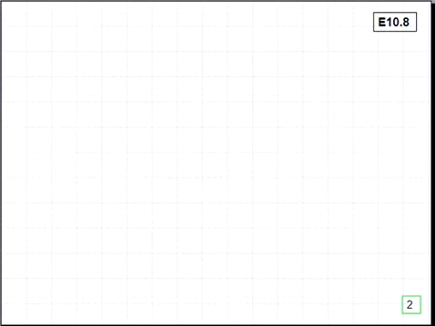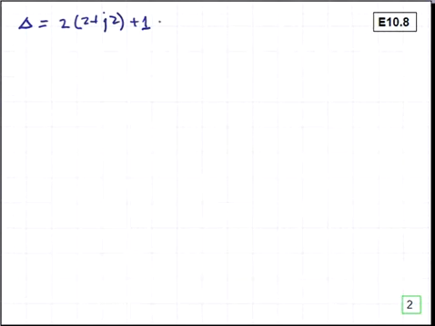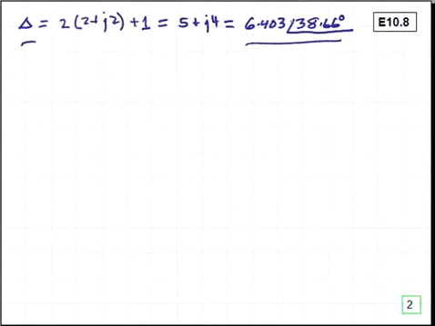Now we'll use Cramer's method to solve for the two phasor currents I1 and I2. The determinant delta of the impedance matrix is equal to 2 times the quantity 2 plus j2 plus 1, which is equal to 5 plus j4, and in polar form that is equal to 6.403 at an angle of 38.66 degrees.